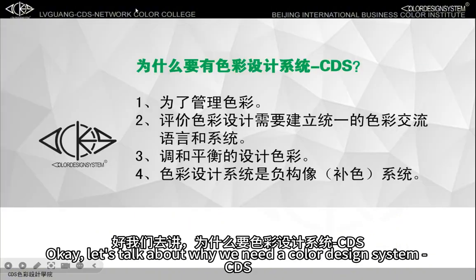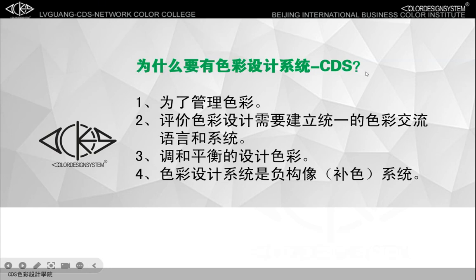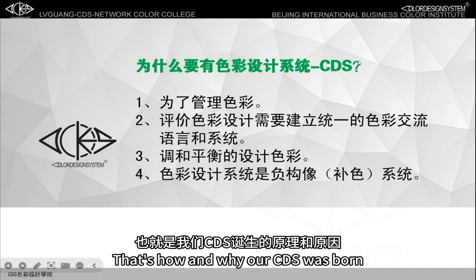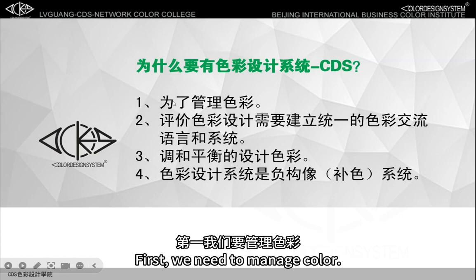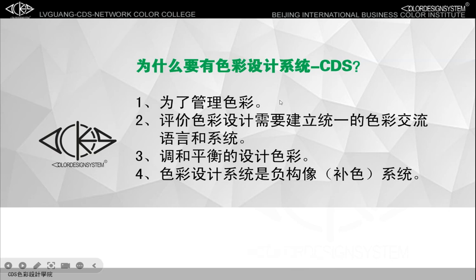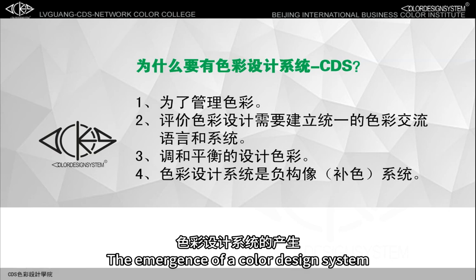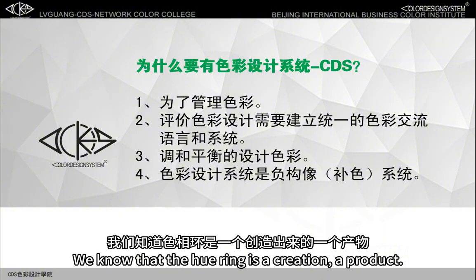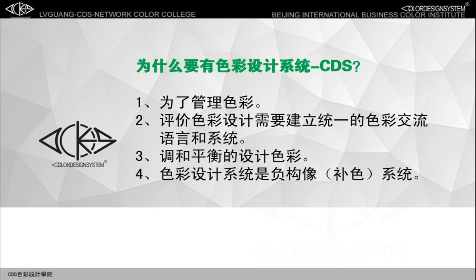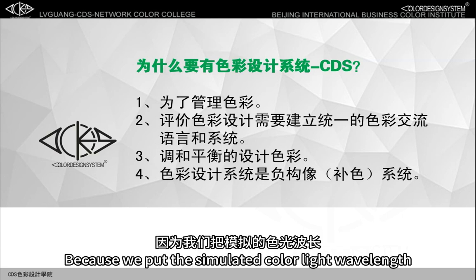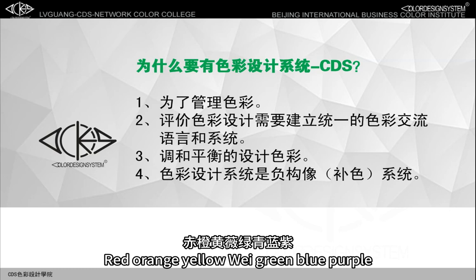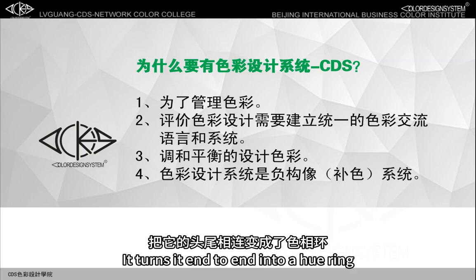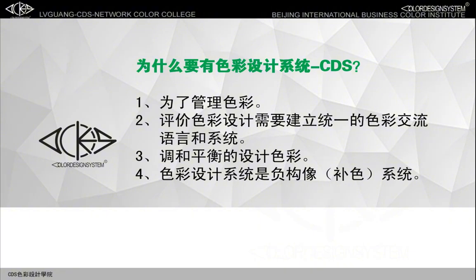Okay, let's talk about why we need a color design system, CDS. That's how and why our CDS was born. First, we need to manage color. The emergence of a color design system is to manage color from nature. We know that the hue ring is a creation, a product, because we put the simulated color light wavelength, red, orange, yellow, green, blue, purple, into a hue ring.